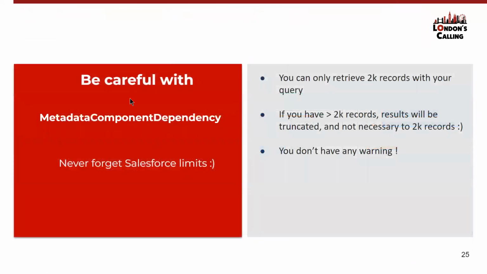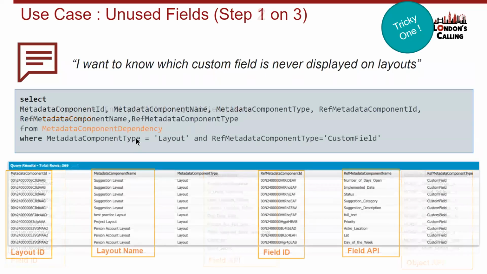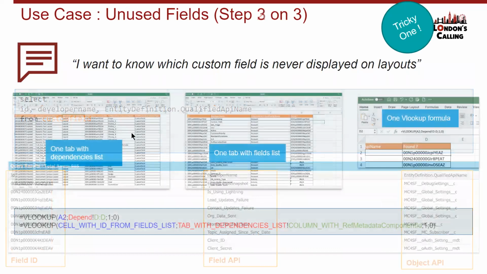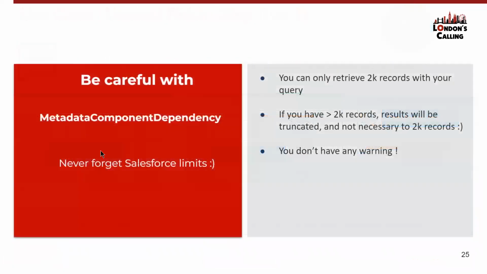But when you work with the metadata component dependency, so it's this object, this one is a tricky one in the world of the Tooling API. When you work with the metadata component dependency, it has limits. The worst limit is that Salesforce is not able to retrieve more than 2,000 records when you are working with this object.